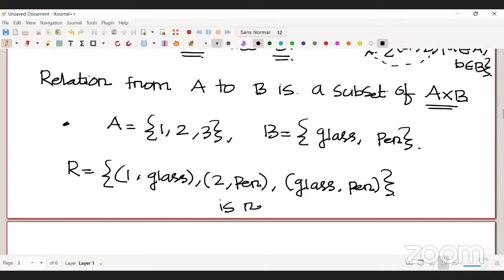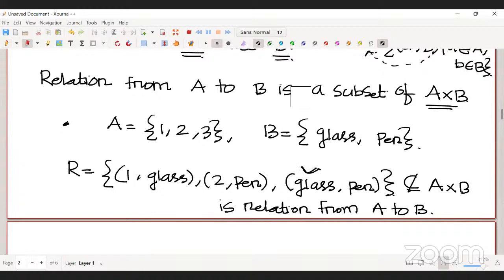Whether R is a relation. No, sir. Correct. Not a subset of the Cartesian product. So as you can see, R is not a subset of A cross B because of this third element, right?